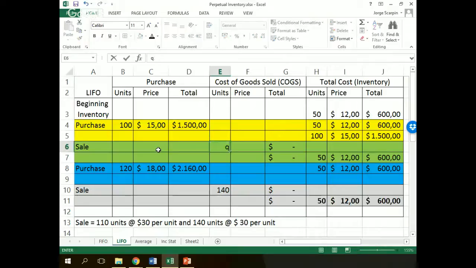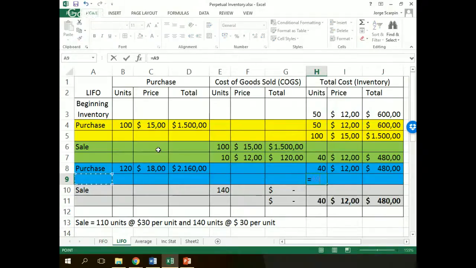So we will take out 100, $15, and 10 units on our first purchase. That is the last one to take out on our inventory. So our inventory, 40 units, $12 each, $480.